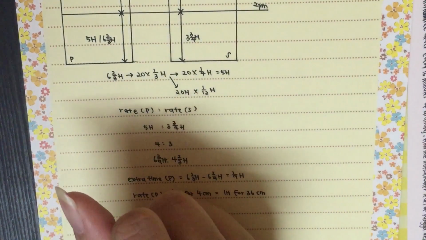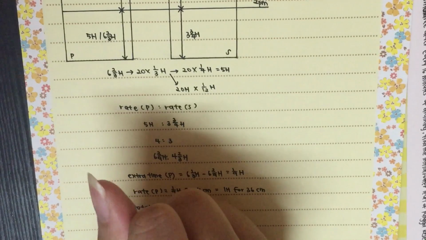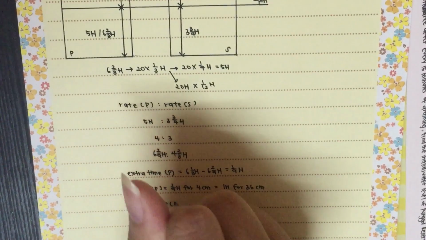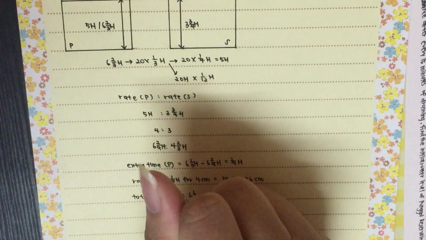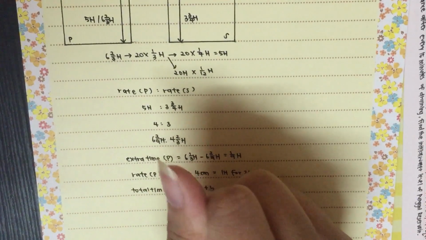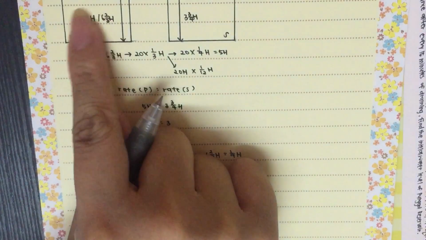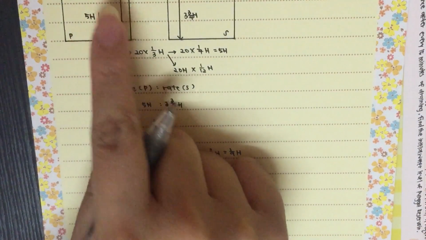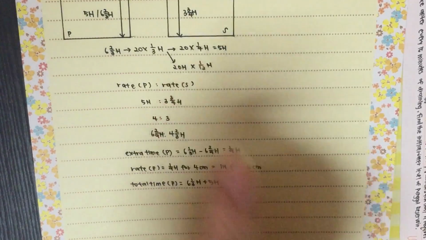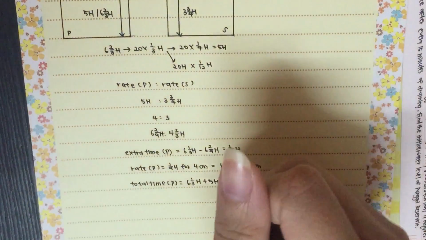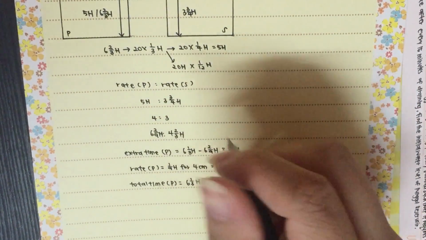Then the total time for P will be equal to 6 1/3 hours plus 5 hours. Remember here we can only use 5 hours because the 5 hours is for draining. The total time that includes the maintenance is maintenance time, no draining, so we cannot put it in to calculate.